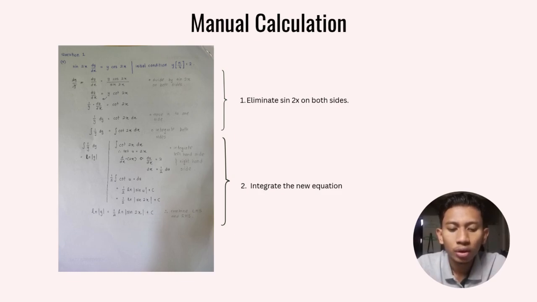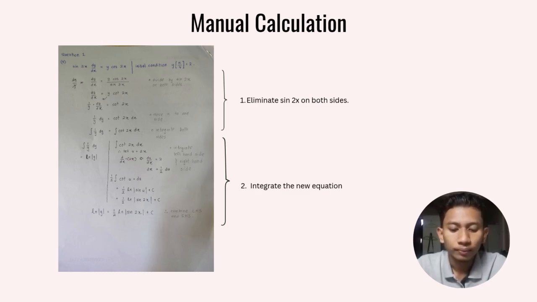Solve the division and the new equation will be dy/dx equals y cotangent 2x. Then bring y to one side and x to the other side, and it will become 1 over y dy equals cotangent 2x dx.